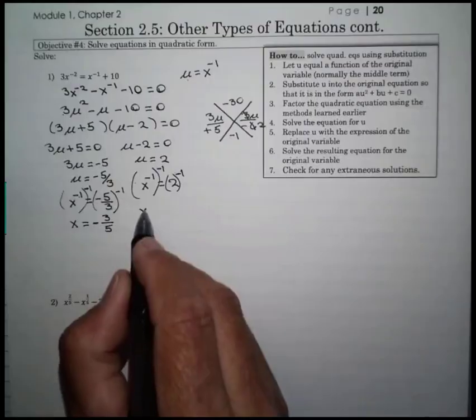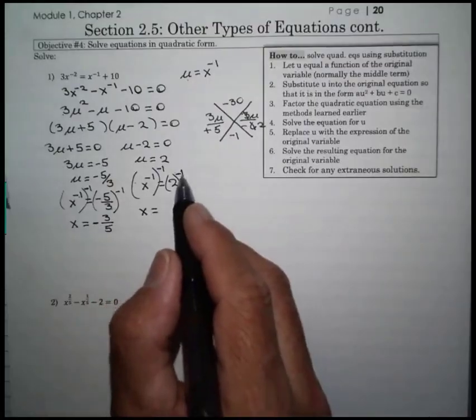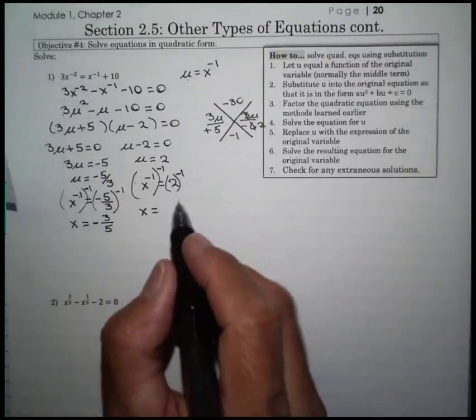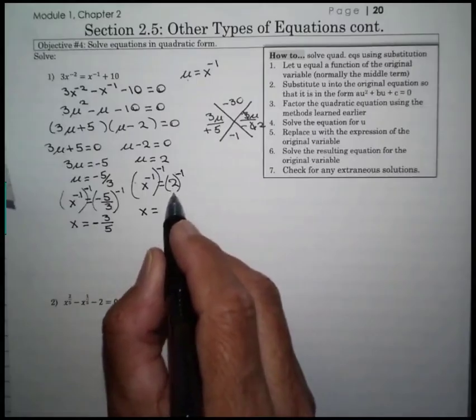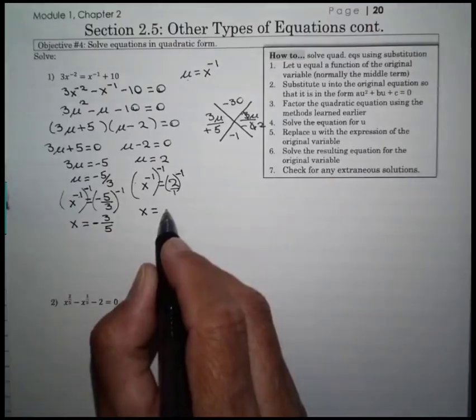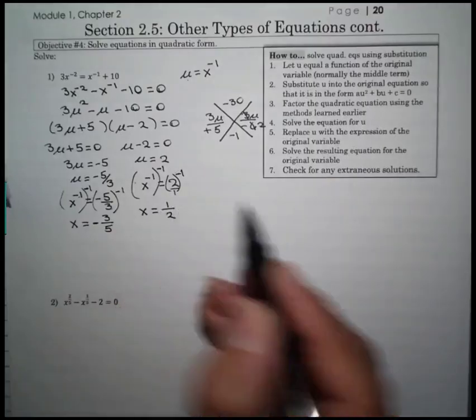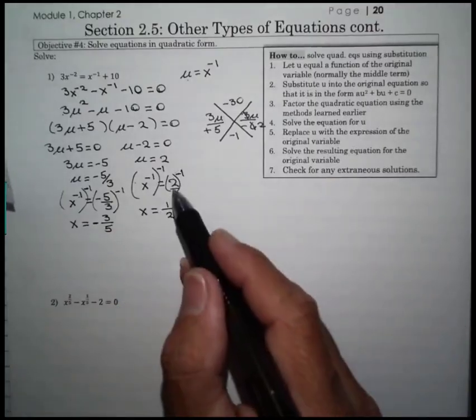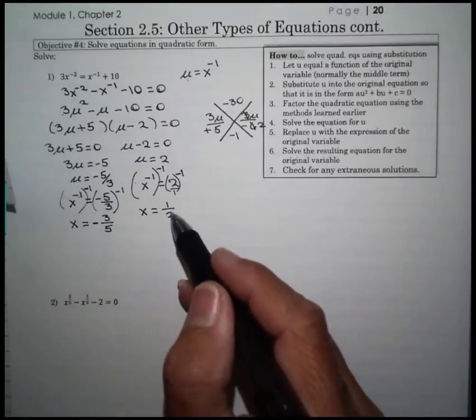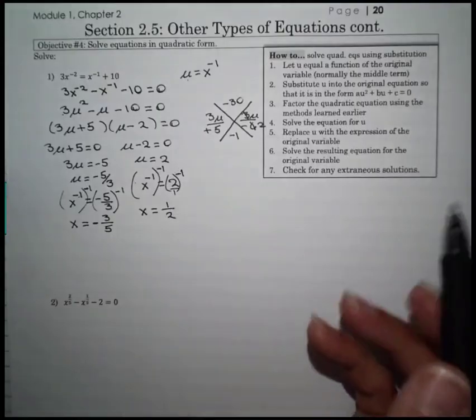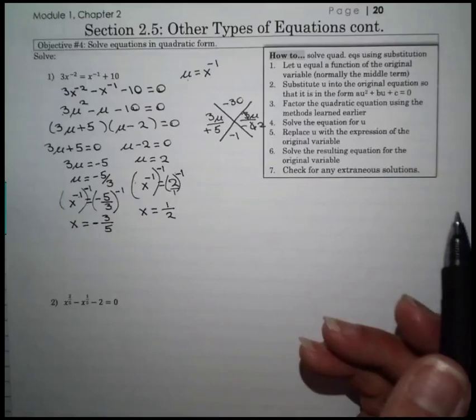And I end up with x is equal to 2 raised to a negative 1, which turns it into a fraction. It takes that whole number 2 to the other side of the fraction. It's really 2 over 1, isn't it? And it becomes 1/2. Now, it's not negative. It's just that the 2 goes down to the denominator. When it passes down, it stays positive, but it becomes a fraction.